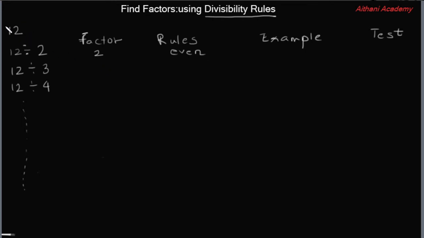In this example, 12 is an even number because it ends with 2, 4, 6, 8 or 0. So yes, it passes the divisibility test. I can say that 2 is a factor of 12, or 12 is divisible by 2.